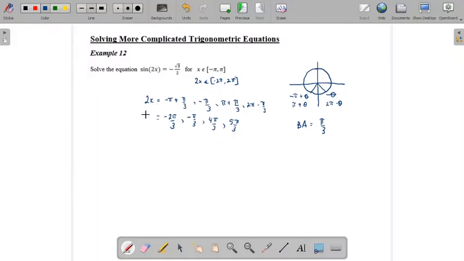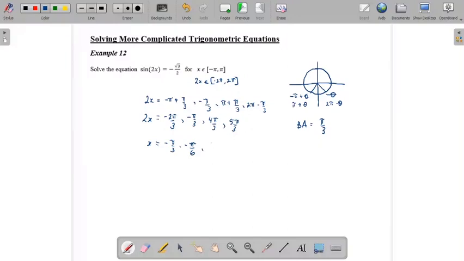So what we need to do then is divide each of these by 2 in order to solve for x. So x will be equal to negative pi/3, because 2 pi/3 divided by 2 is pi/3. Negative pi/3 divided by 2 will be negative pi/6.